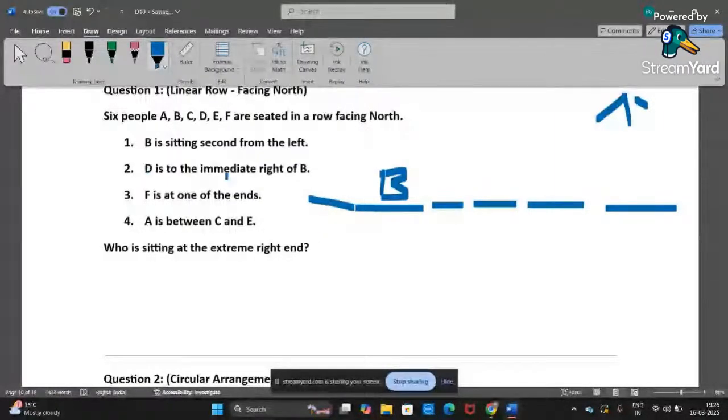D is to the immediate right of B. That means immediate right means this side. F is at one of the ends, so let us take it here as well as here, but we don't know which end.